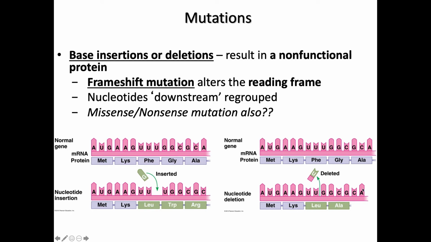And then here, that doesn't code for anything because it's missing a base. So in these two situations, they are also called frame shift mutations because everything downstream after the mutation is regrouped and we are reading the codons, that triplet code, differently.